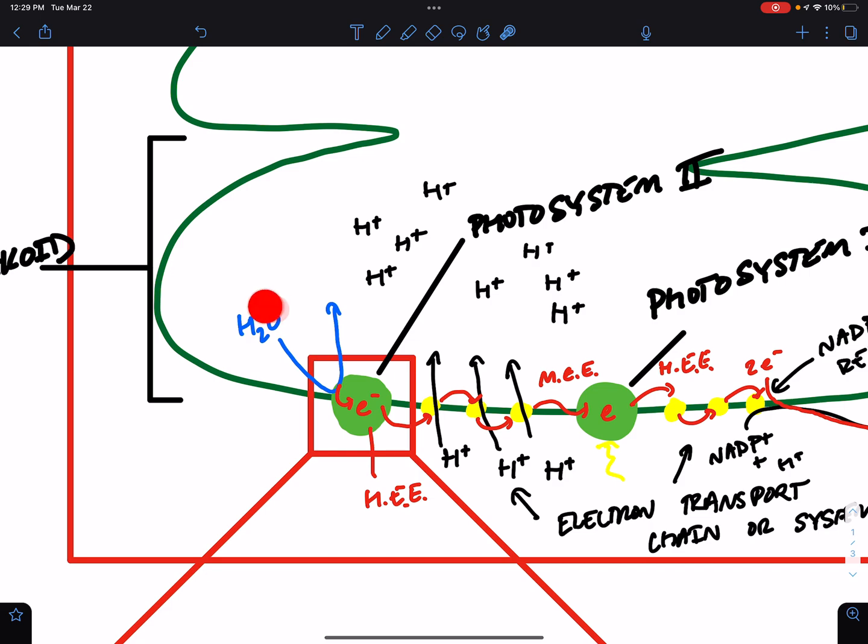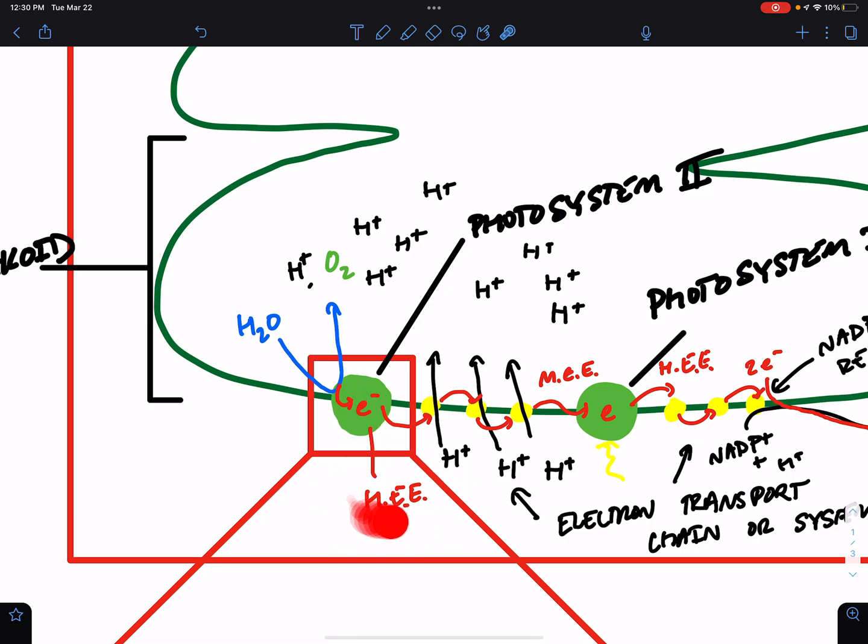This process of taking the water and stripping an electron from it is called hydrolysis, the breaking of water, the lysis of water. When we break water apart, we create H+, and we also create oxygen. So, initially, at the very beginning of photosynthesis, water is broken, an electron is stripped away.